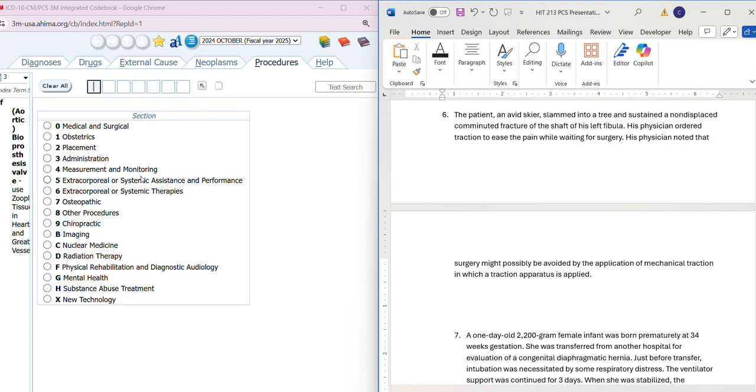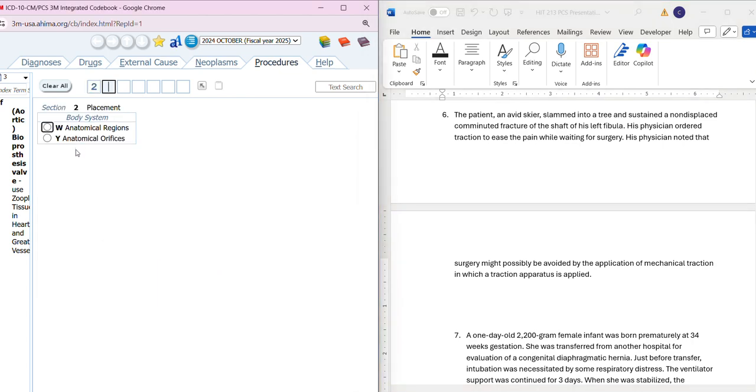So for application, it's going to be number 2 right here, which is placement. And then for our second character, for body systems, we're going to choose anatomical regions, which is W, because Y for orifices only applies to like the mouth, anus, and other bodily orifices.